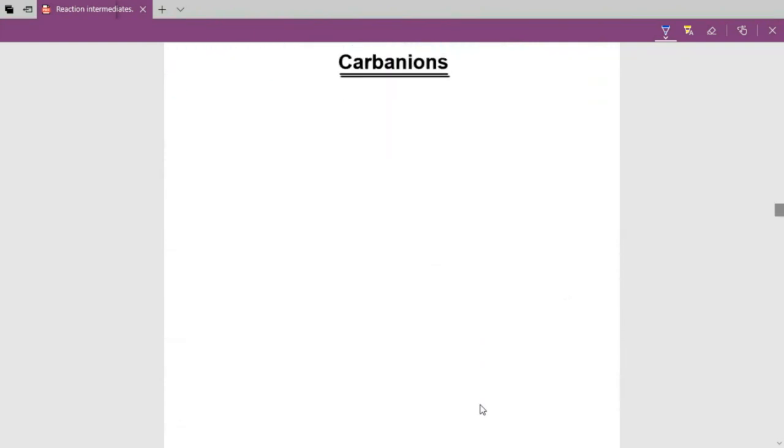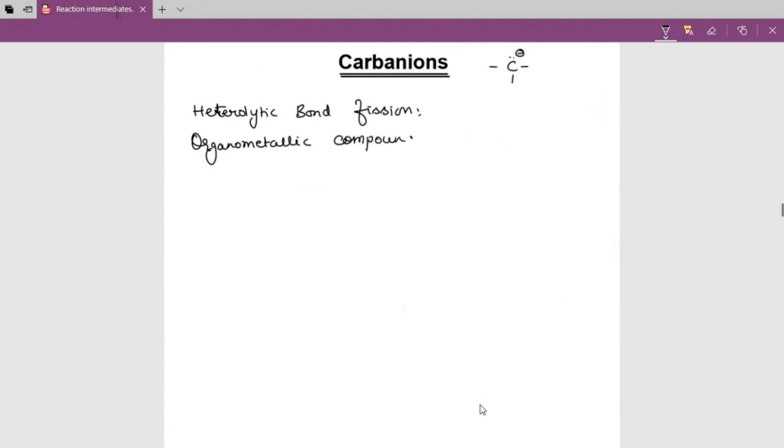Moving to carbanions. Now, the carbanions are C minus. They are also formed by heterolytic bond fissions. They are very important in the study of organometallic compounds, for example, Grignard reagent.